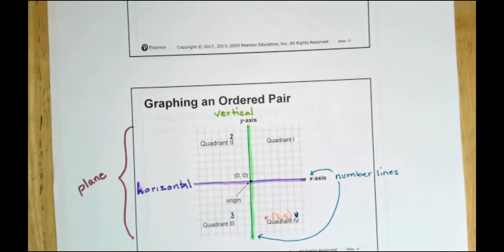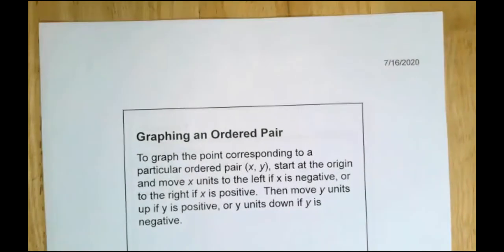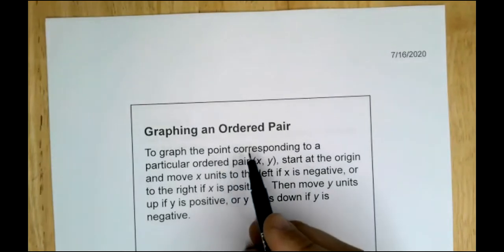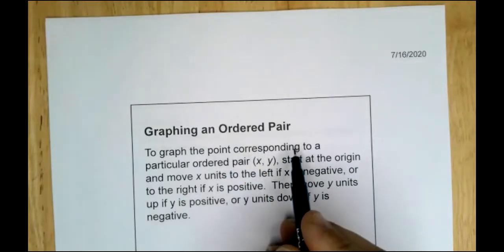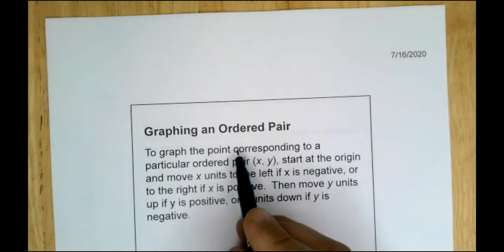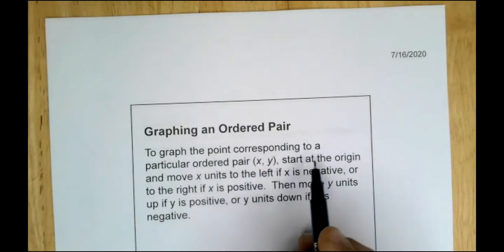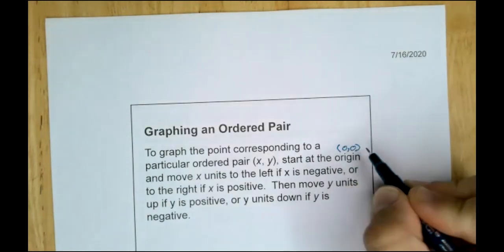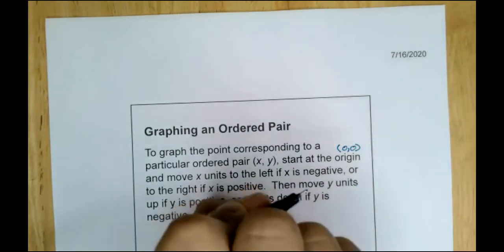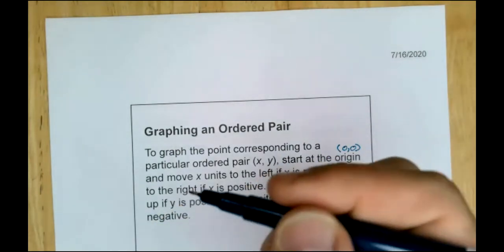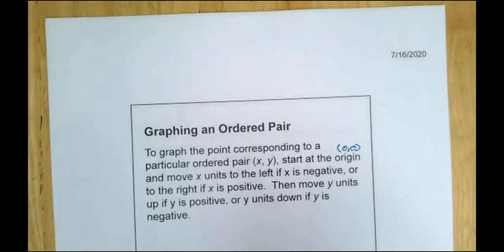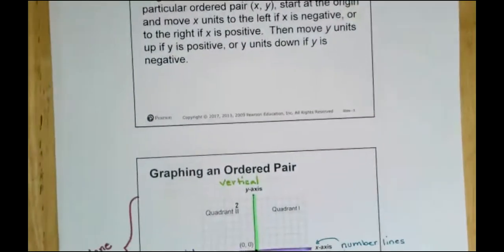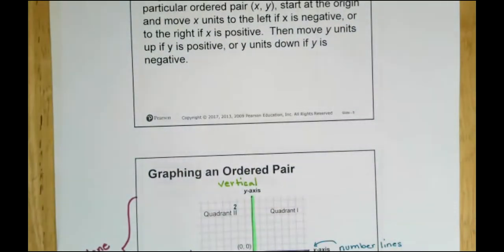To graph a point corresponding to a particular ordered pair (x, y), start at the origin, 0, 0, and move x units to the left if it's negative, or to the right if it's positive, and move y units up if y is positive, or down if y is negative, okay? So let me give us some points and we will practice graphing them.